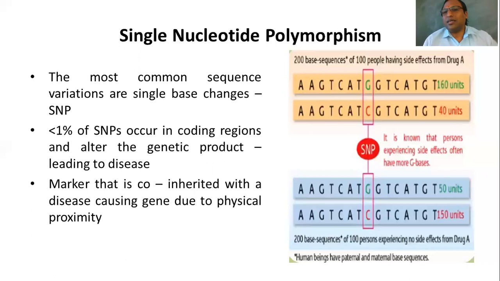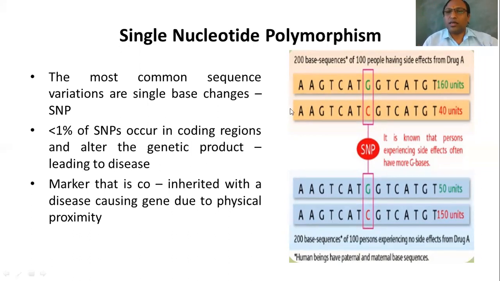It is a marker that is co-inherited with a disease-causing gene due to physical proximity. So the SNP which is present also acts as a gene marker. What happens is we can identify that at this particular loci, our particular disease gene is present.